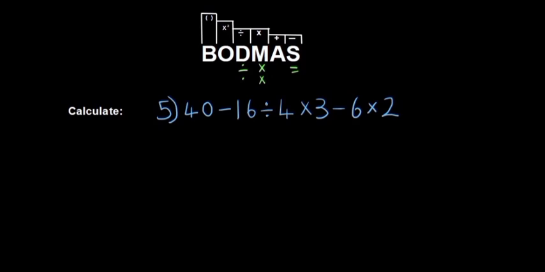So that means we're going to divide first. So we're going to divide 16 by 4 to get a 4. And now the division is gone.